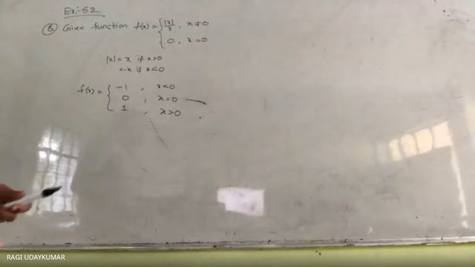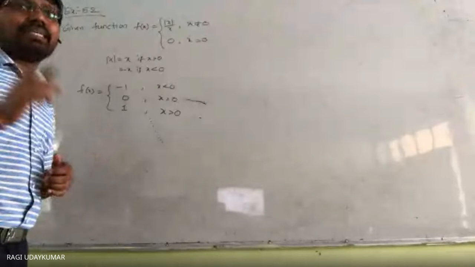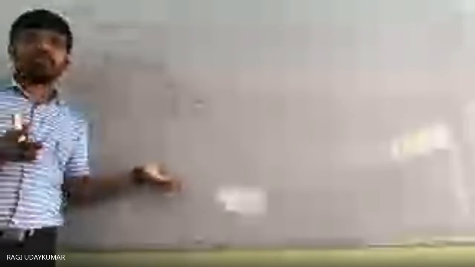So you have to check the continuity of this function in different ways. Check the case less than 0, the case equal to 0, and the case greater than 0, because it is a split function at 0. So here we need to check the discontinuity or continuity at a particular point. So let c be any point on the real line. So what is the domain of this function?